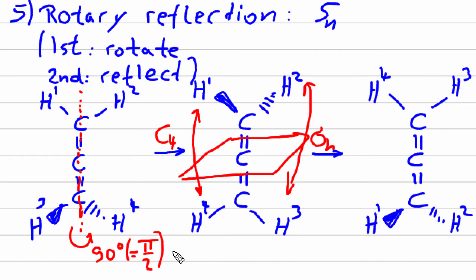If you go from this molecule to this molecule, right away, how you would call it is a so-called rotary reflection, and in this case it's an S4 rotary reflection, because first we rotated around 90 degrees and then we did a reflection.